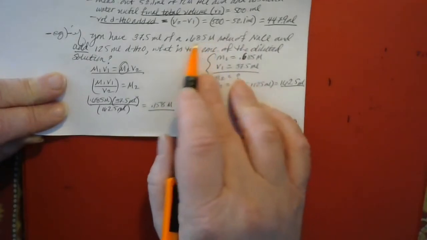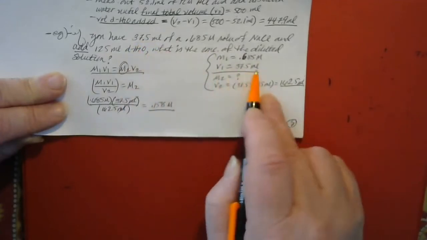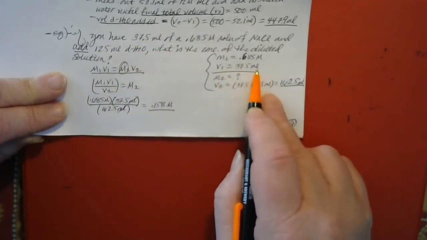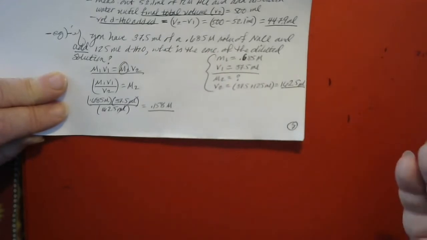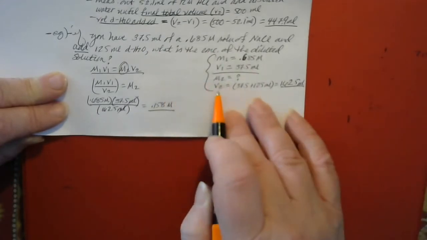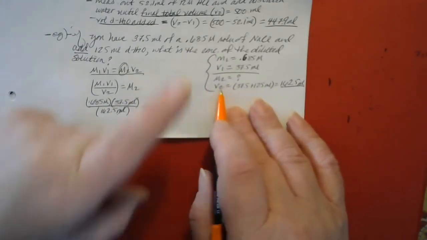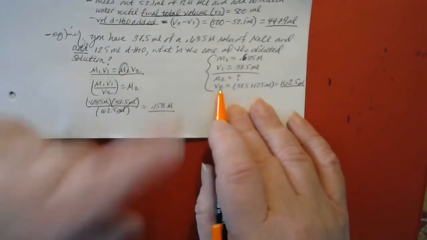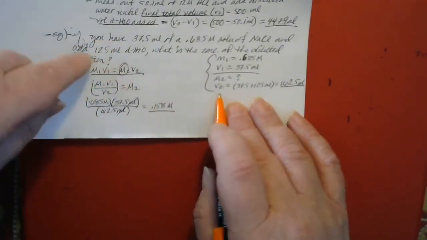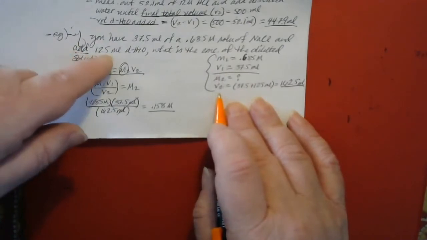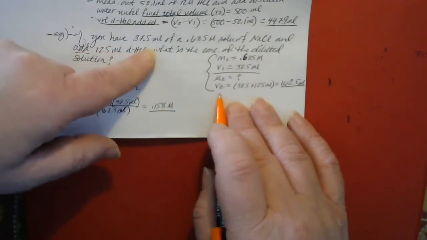So M1 is going to be 0.685, and V1 is going to be the 37.5. And the new solution will be M2 and V2. M2 is the unknown. V2, now remember, the catch here is V2 is the total final volume of solution. I said here that I add 125 milliliters of water to the solution.